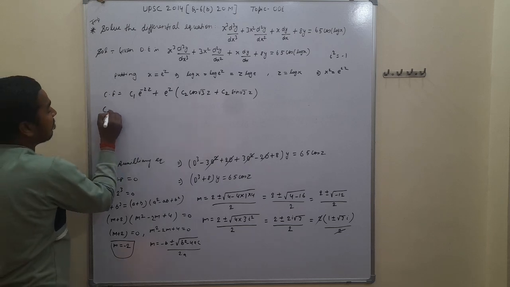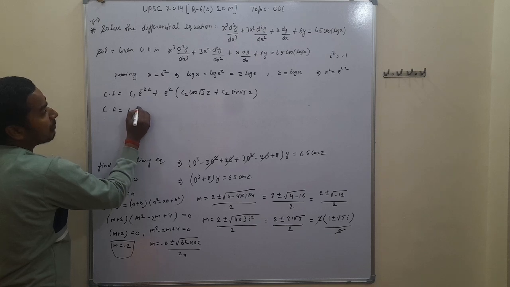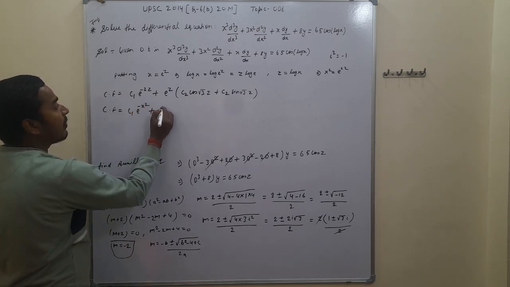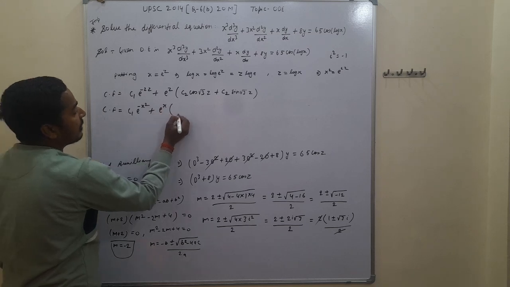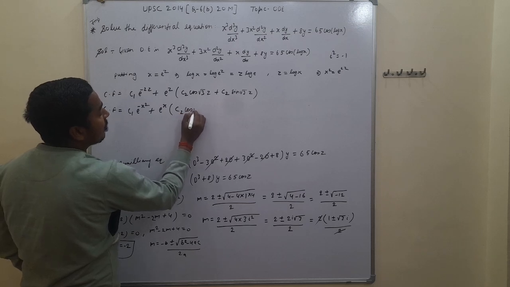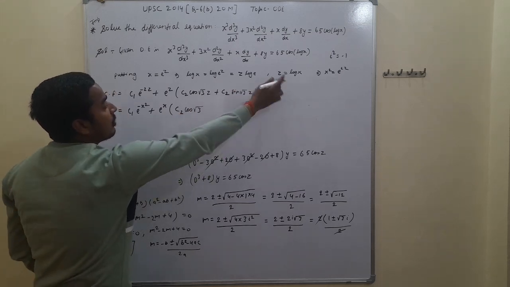This is given by the complementary function written as c1 e to the power of minus x square plus e to the power of x into c2, cos root 3. In place of z we have to put log x.